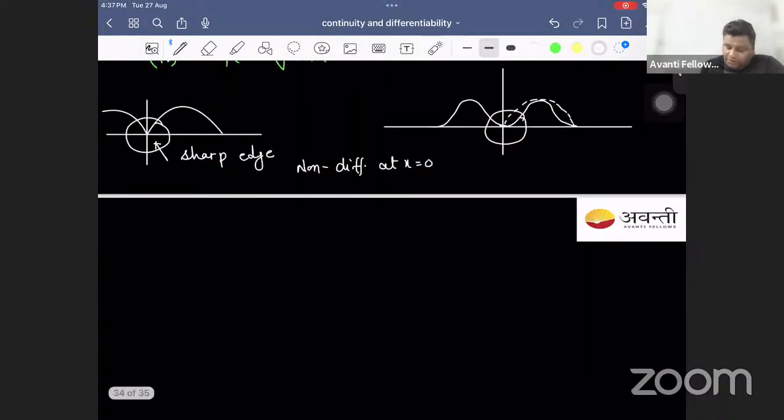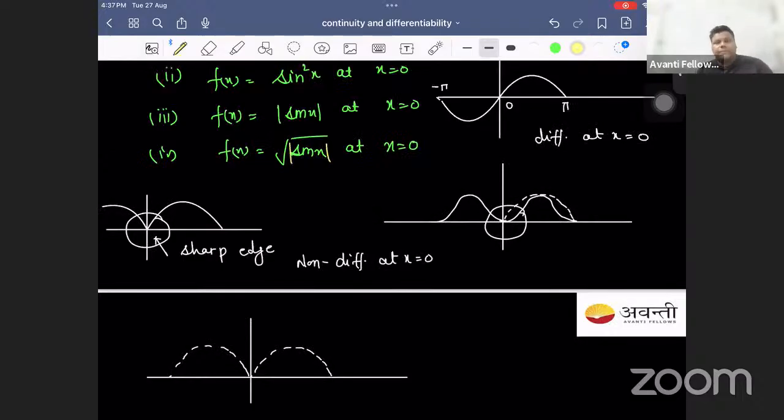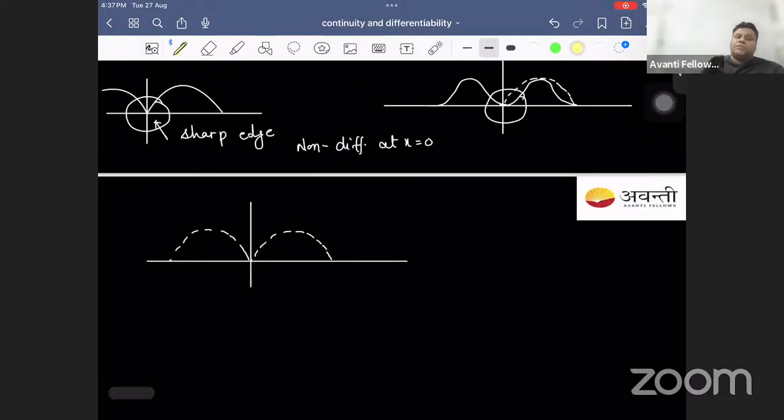If I try to draw the graph of √(sin x), now see again. This is the graph of sin x, and this is the graph of |sin x|. You are taking the square root of values which already lie between 0 and 1, so these values will increase after taking the square root. The graph will be something like this: 1 will remain 1, 0 will remain 0, but in between the values will increase.